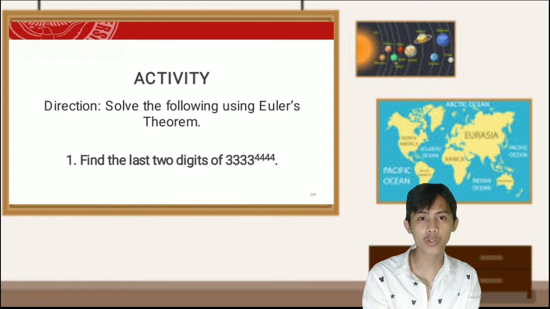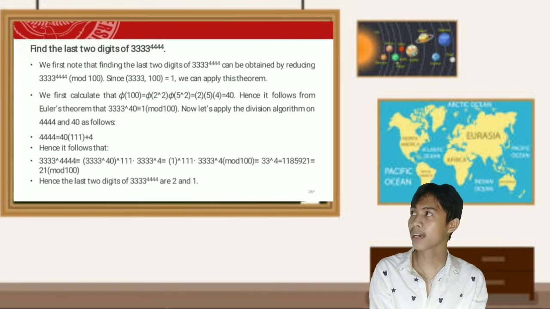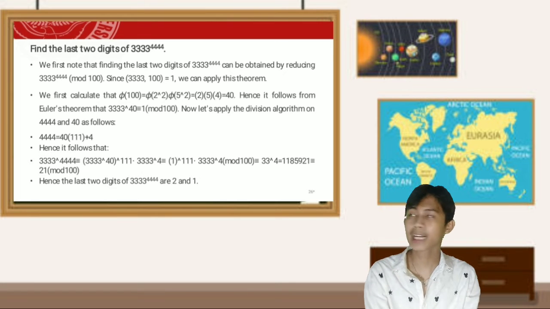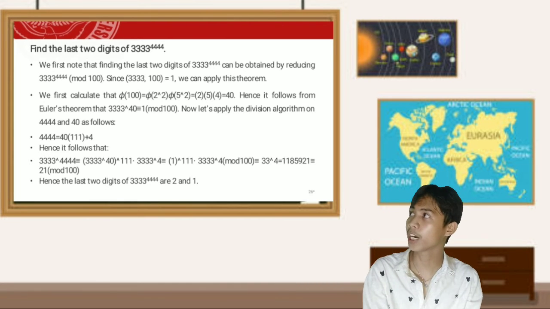Now, we're going to answer the activity so that we could know who got the correct answer. So, the problem is, find the last two digits of 3,333 to the power of 4,444. So, here's the answer.